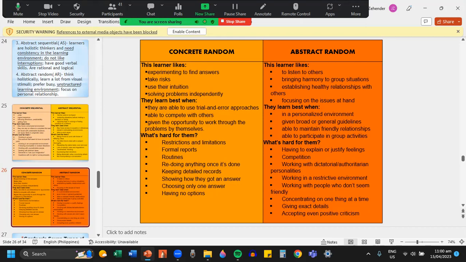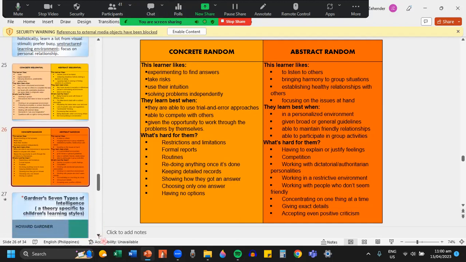There may be some instances where some styles overlap, so just identify which learning styles you fall under. So it's like a self-discovery activity.